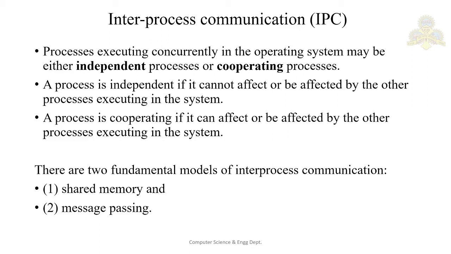It does its own task and terminates. The second one is cooperating processes. A process is cooperating if it can affect any other process executing in the system, or it can be affected by any other process executing in the system. So there are two types of processes, independent and cooperating.